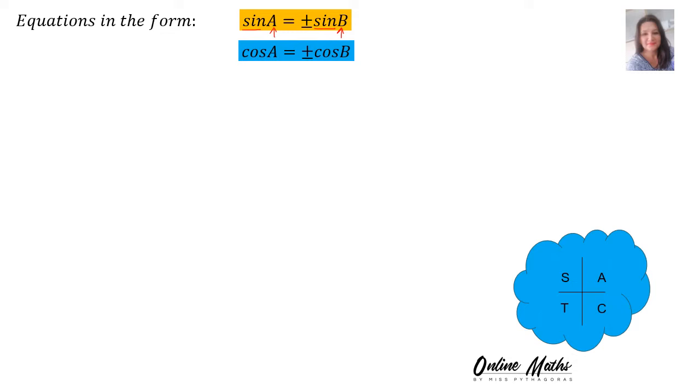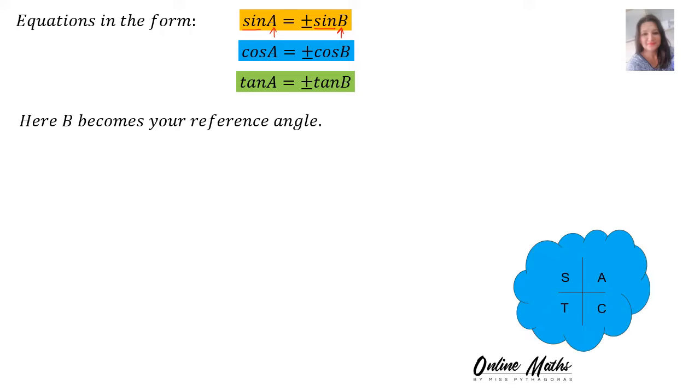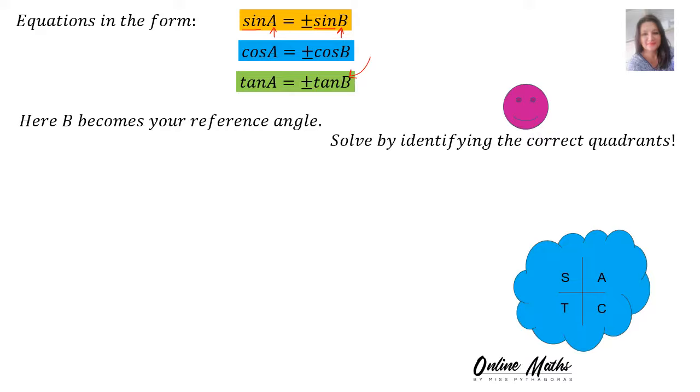Or if it's cos A equals plus or minus cos B, or tan A equals plus or minus tan B. Here, B becomes your reference angle. So it's this angle that you find there that's going to be your reference angle. And you solve by identifying the correct quadrants.